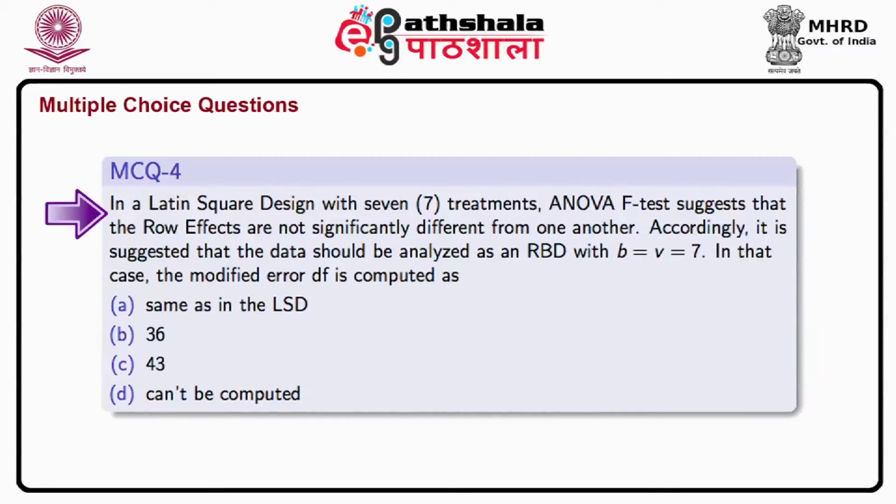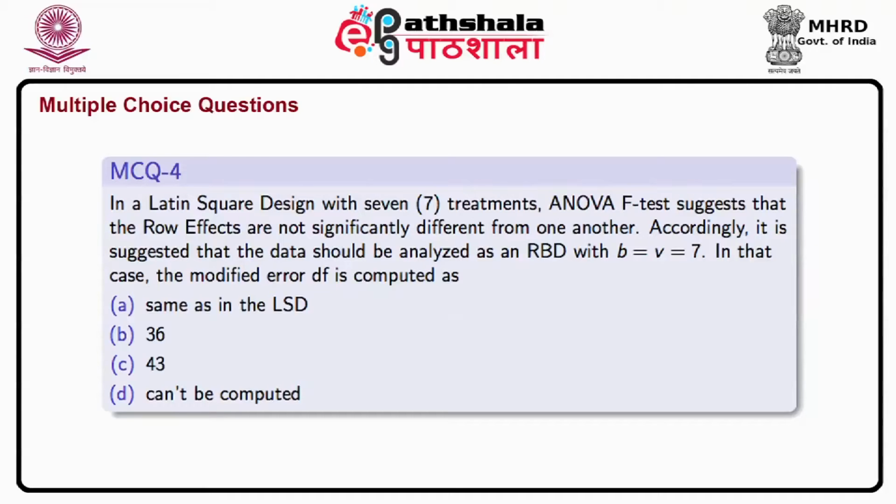In that case, the modified error degrees of freedom is computed as following, with these 4 options. The first option is the same as that in case of the LSD. The second option is 36, then 43, and again the last option is it can't be computed.